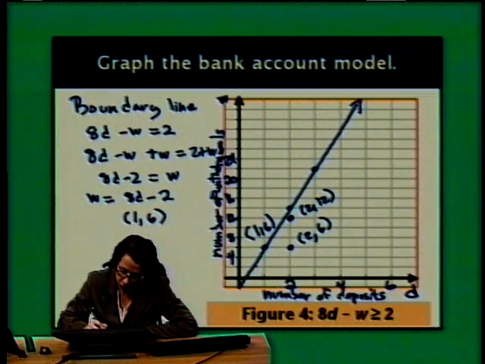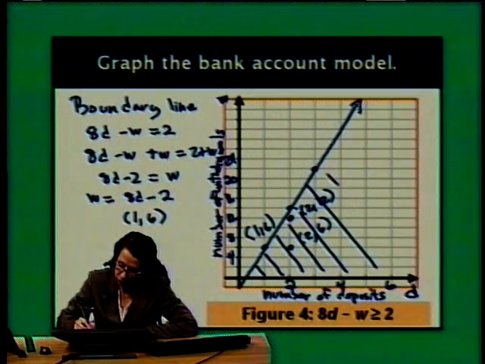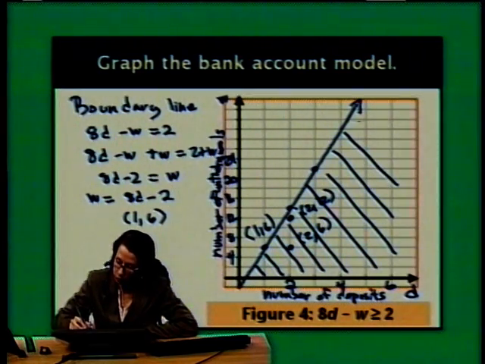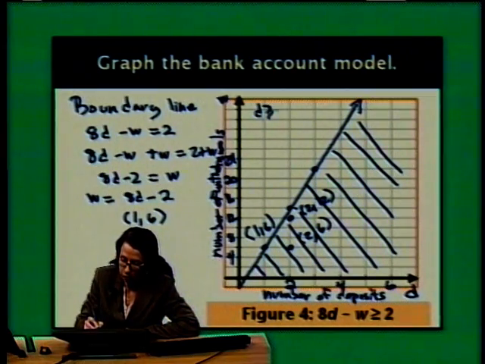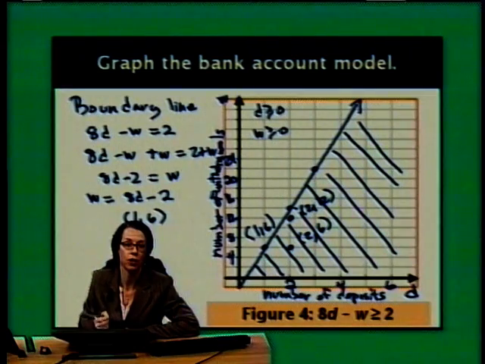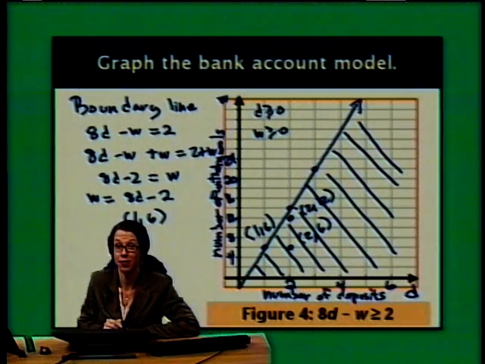So my solution set here is going to be to the right or below this line. And in this situation, the number of deposits and the number of withdrawals will be greater than 0. So I'm really just looking at the ordered pairs that make sense in the first quadrant. Again, the only ordered pairs that make sense in the context of this problem are ordered pairs with integer coordinates.